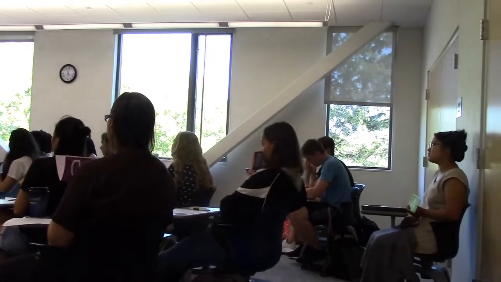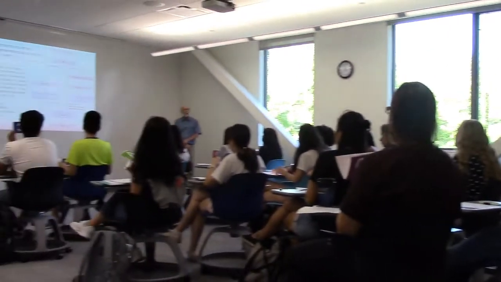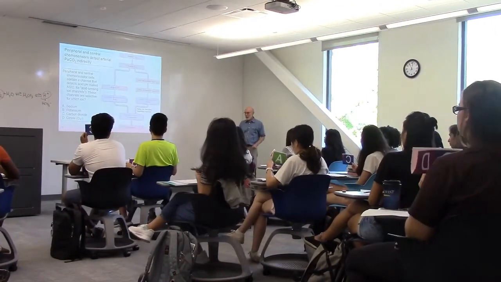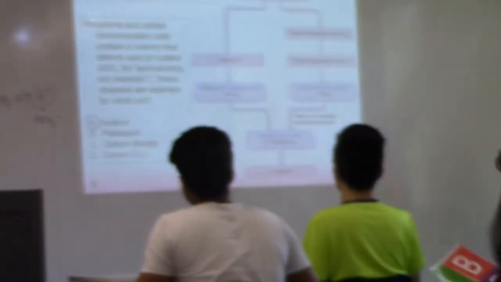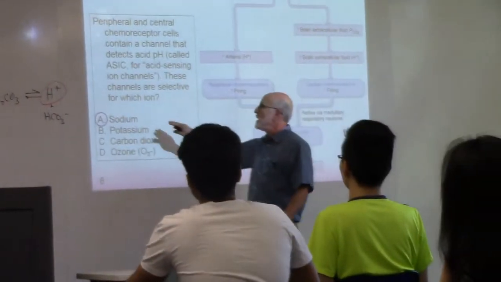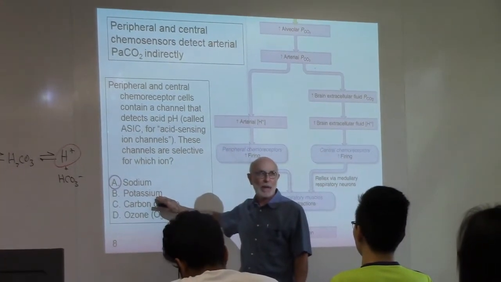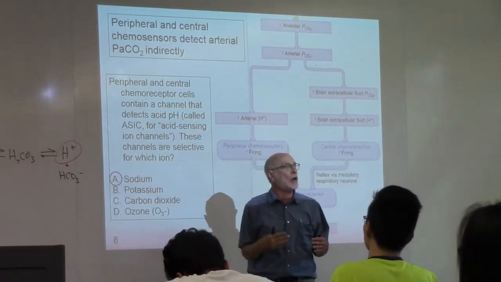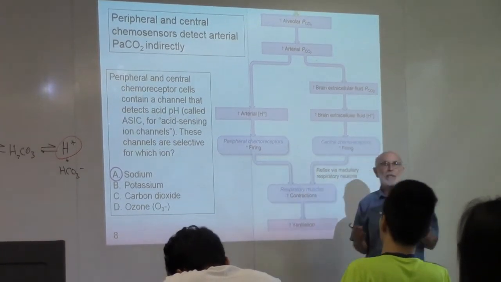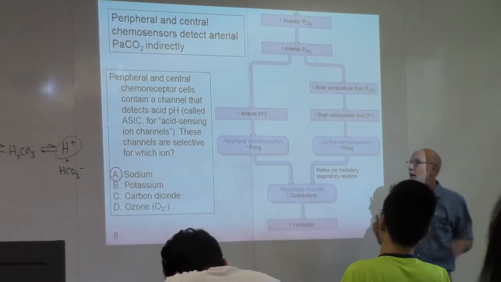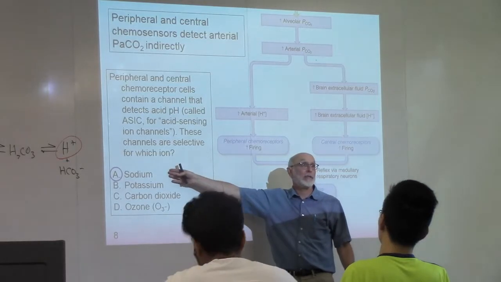Most of you, I'm seeing mostly correct answers. The simple correct answer is A. You could have said they could be permeable to both sodium and potassium, because that would also cause the neuron to depolarize. That's a true statement. It turns out that they are selective for sodium.